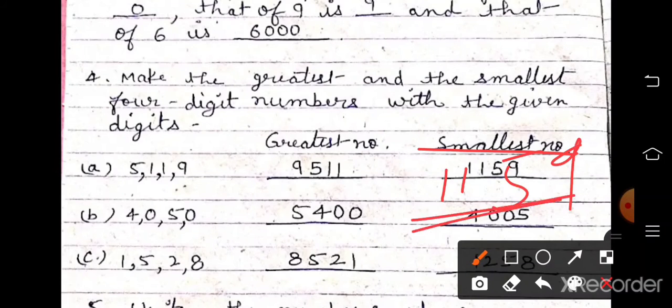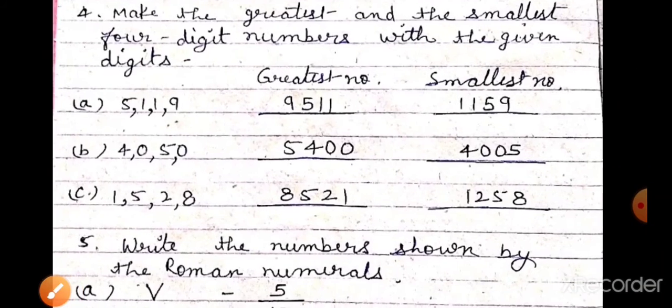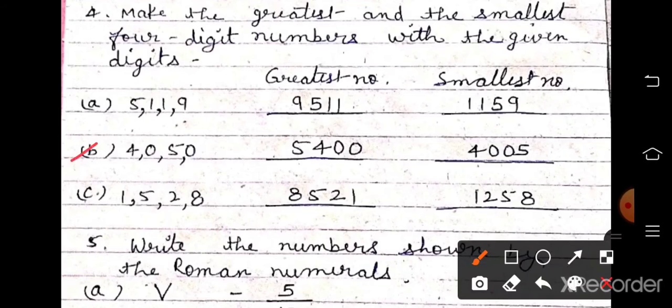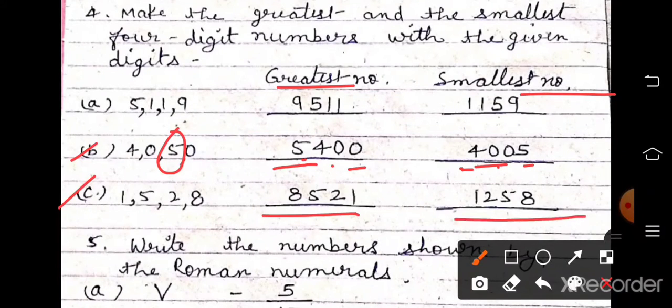Arrange them in ascending order. Okay. Now B part 4050. For greatest number, 5 is greatest here, so write here 5, then 400. And for the smallest number, here 0 is smallest, but we can't write 0 first. So first write 4, then 00, and last 5, 4005. So arrange them and write the answer.